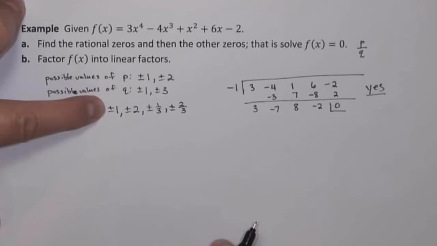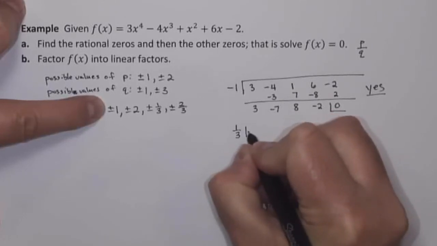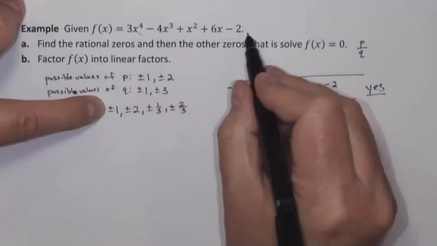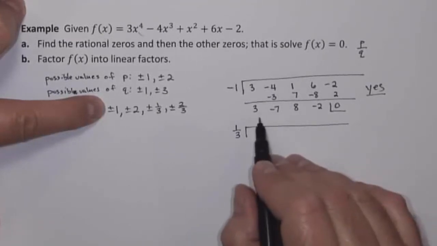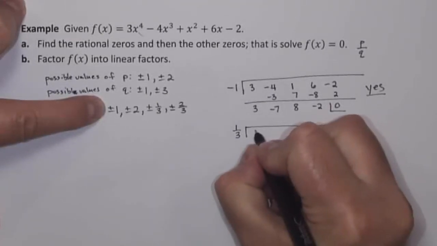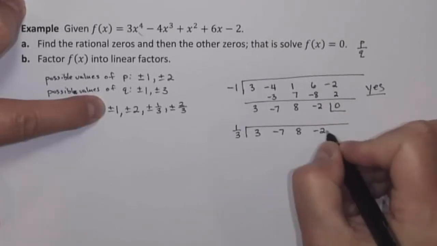Now let's check to see if 1/3 is a 0 as well. So when I'm going to check that, I'm not going to start with my original function. I'm going to start with this factor of the function. So I'm going to write down the 3, the -7, the 8, and the -2.